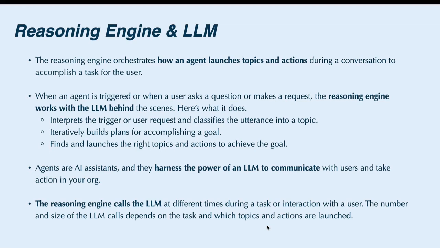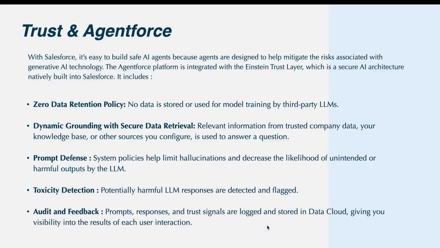Now let's see how our agents are the most trusted and secure AI solution for our use cases. Everything in Salesforce is built around the core tenet of trust, and this makes it easy to build safe AI agents, because agents are designed to help mitigate the risks associated with generative AI technology. And the Agentforce platform is integrated with the Einstein Trust Layer, which is a secure AI architecture natively built into the Salesforce platform.